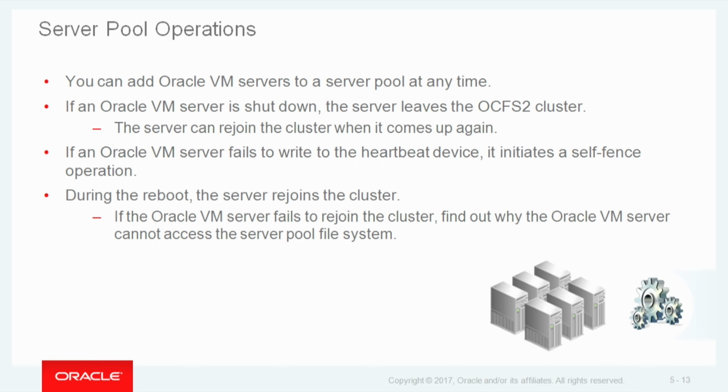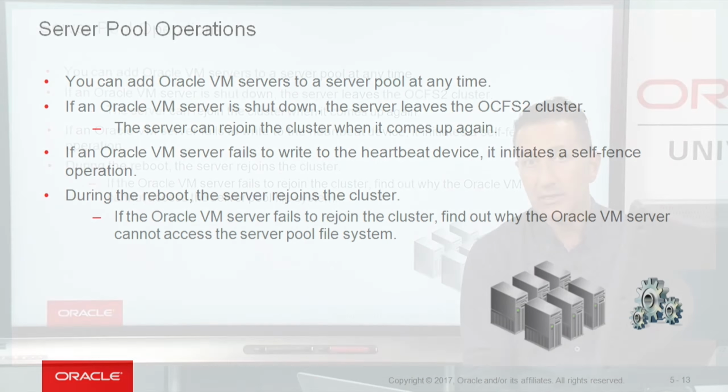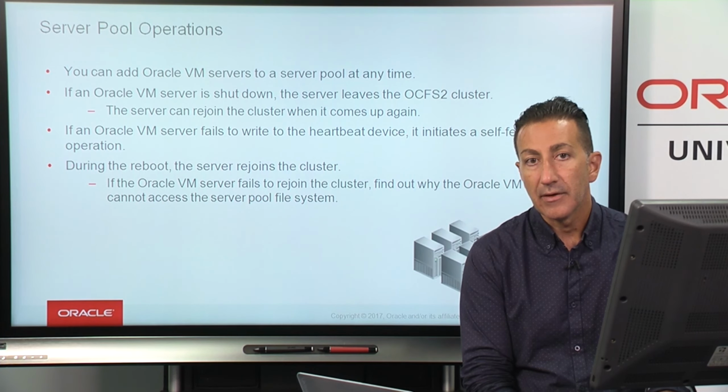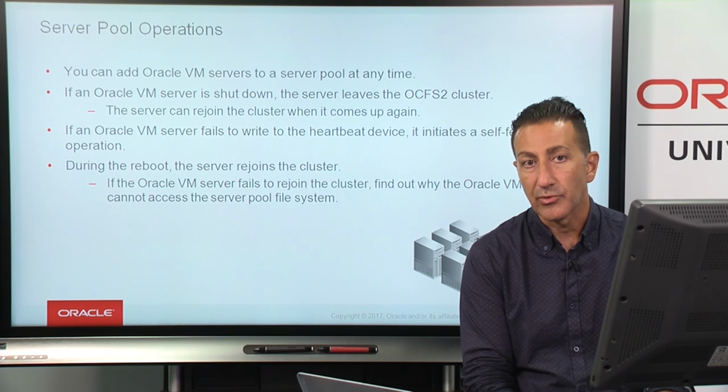Usually it shows this in the display of the server: the version of the software, the version of the server, the status, and typically whether it is part of the cluster or not. If it is not part of the cluster, usually a red message appears saying unknown cluster, right? And this is why we need to wait. We need to leave the OCFS2 cluster, and when it starts again, it will rejoin.